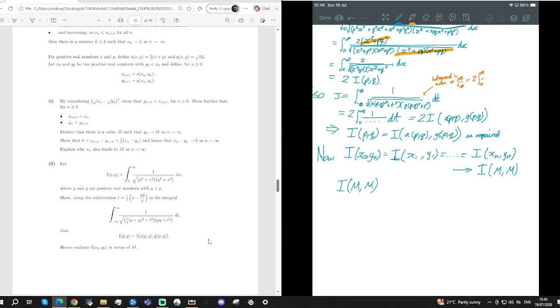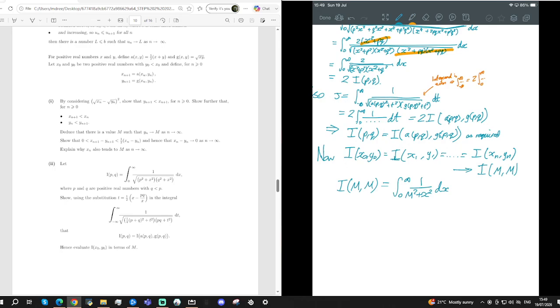But now we've got this I(m, m), which is equal to the integral between 0 and infinity. If I replace both p and q with m, the integral becomes 1 over (m squared plus x squared) dx. And now this is what the vibes were giving right at the very start of the integral part of this.